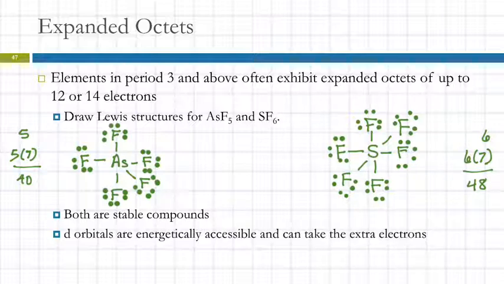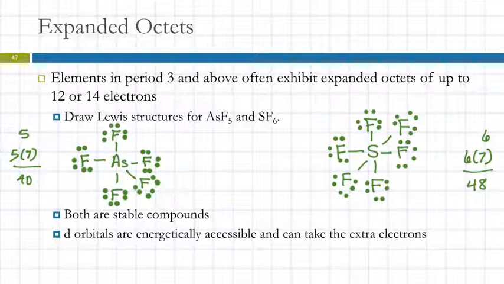The d orbitals are only a little bit higher in energy than the p, and so they can take those extra electrons. It's for elements that are in the 3rd period. 3s, 3p, they have access to the 3d.